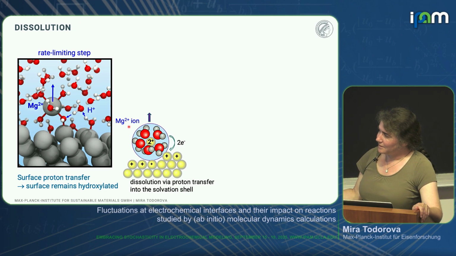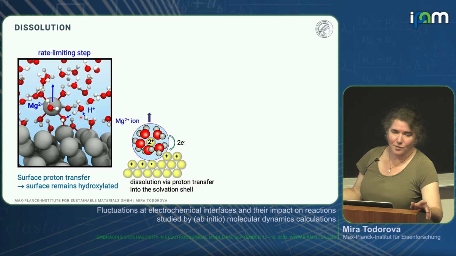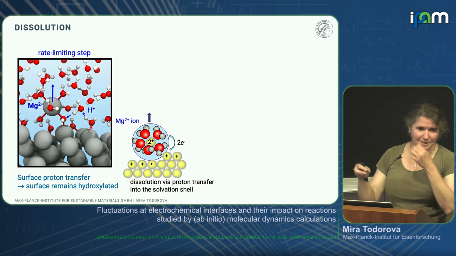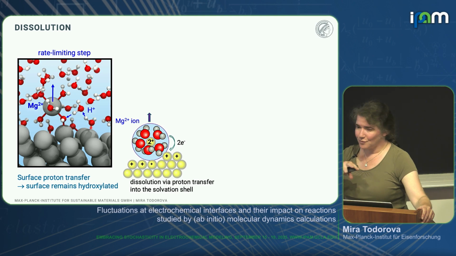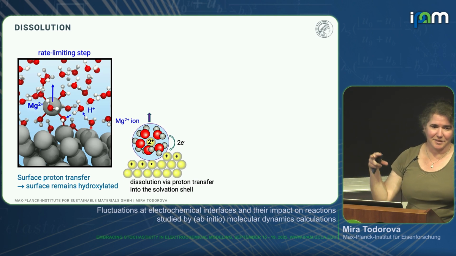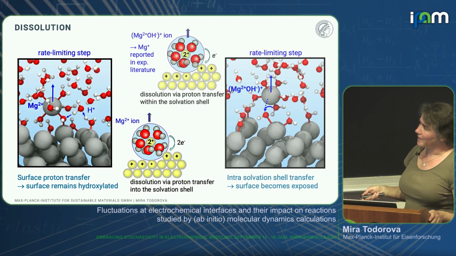One possibility is a double proton transfer from a water molecule which is close to this magnesium, by which one forms a water molecule. One has a full solvation shell of magnesium with 6 water molecules, and we have an OH on the surface that is still there. But this would eventually lead to a completely OH-covered surface and will block the reaction.